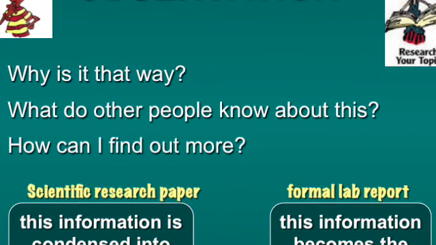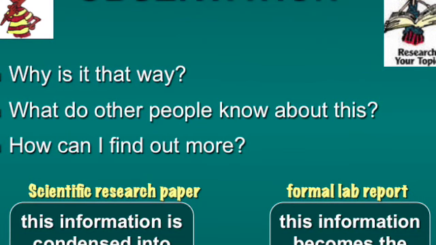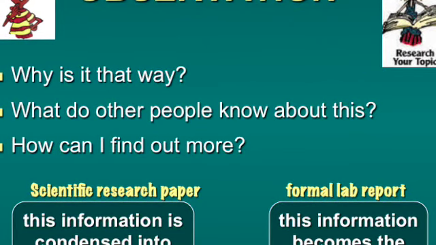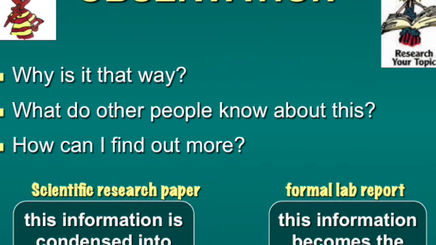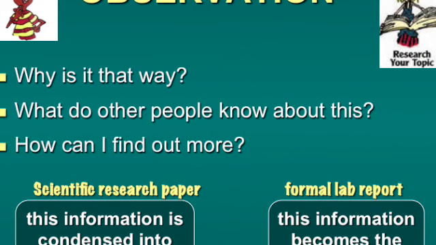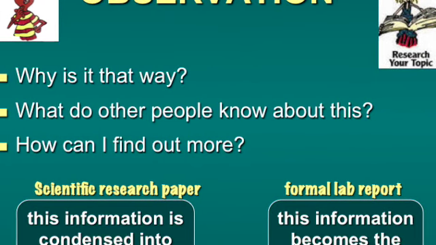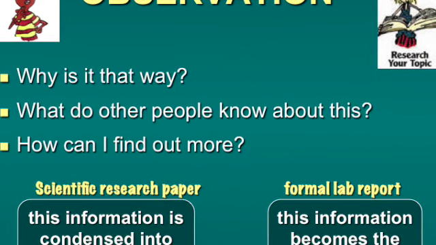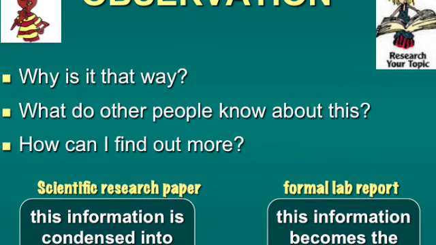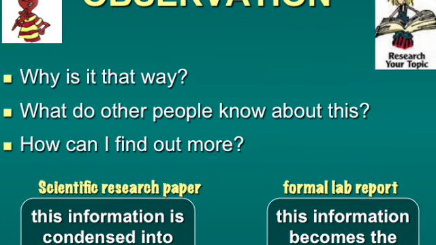So at this point, you would go to find other people who have already done this experiment, and you would want to look at their findings. Even if their experiment failed, you could still get valuable information about either what not to do, or you could find information on how to improve on what they have already done.